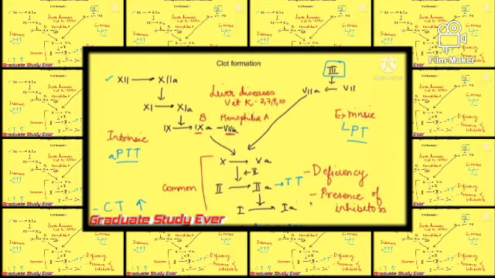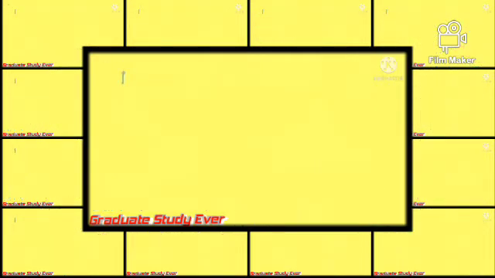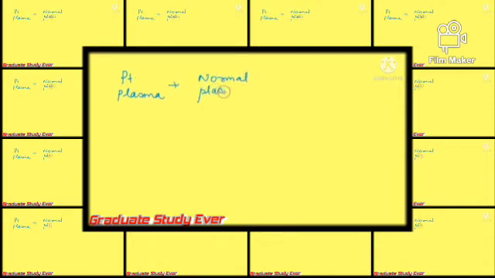Presence of inhibitors of clotting factors is assessed by mixing studies. The principle is simple that when we are suspecting any clotting factor disorders, these can be corrected by replacing that specific clotting factors. However, if there is presence of inhibitors, they will block the function of that transfused clotting factor. So, in mixing studies, patient's plasma is mixed with normal plasma. So, this normal plasma will have that deficient clotting factor.